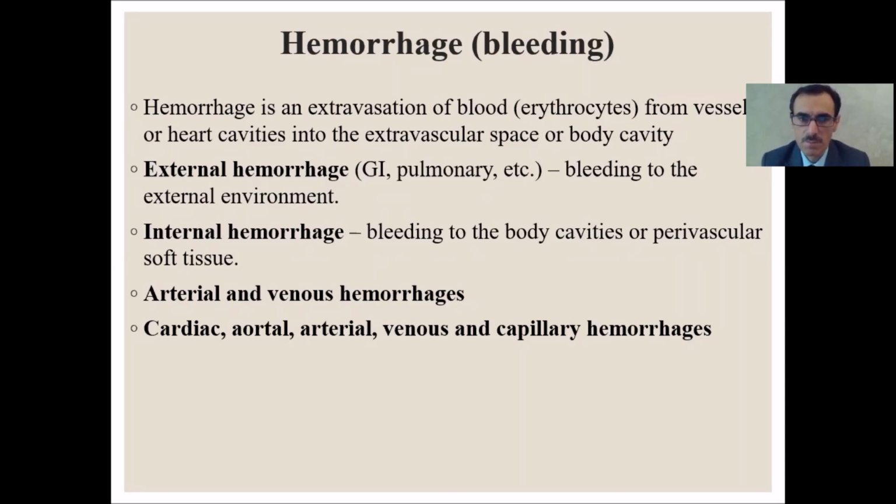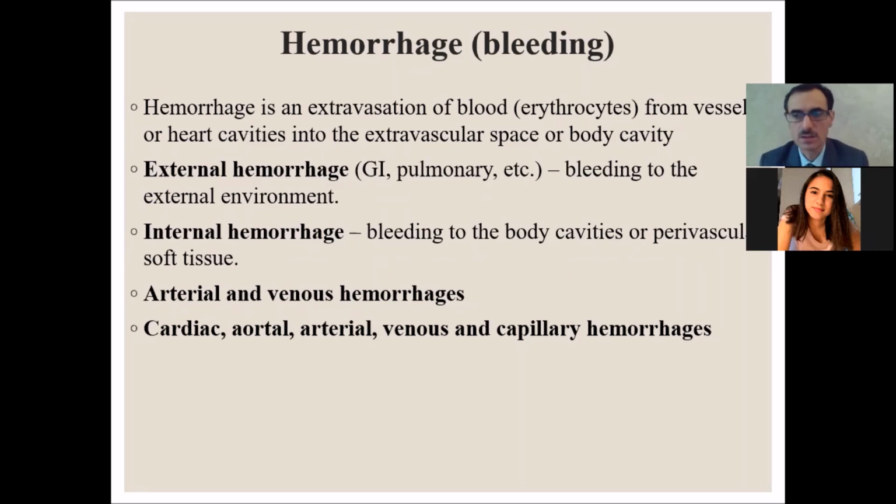Who can answer me? External, yeah. Or the internal hemorrhage: for example, the patient has a rupture of an ovarian cyst, and the peritoneal cavity is filled with blood. So we call it the internal hemorrhage.